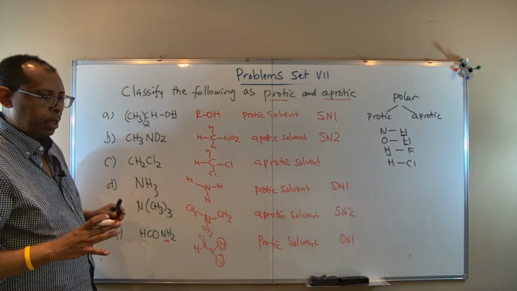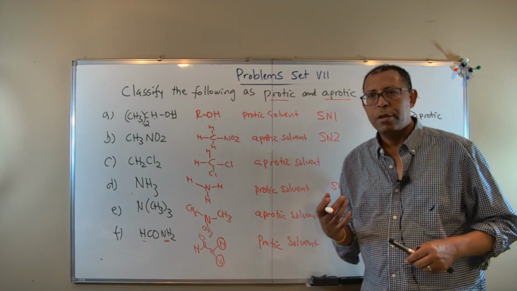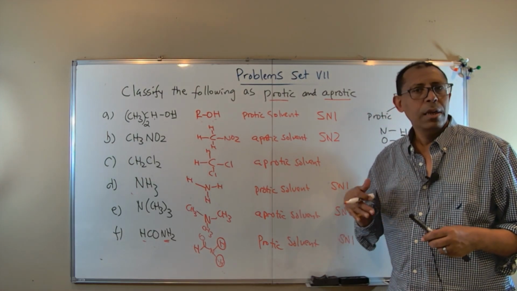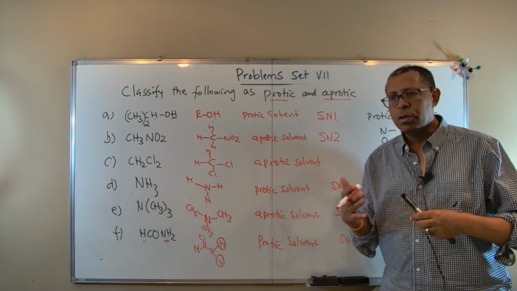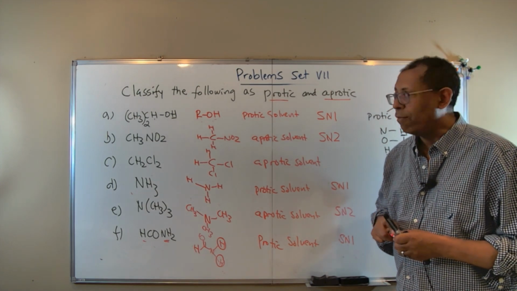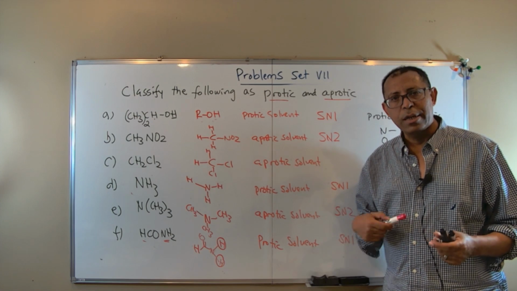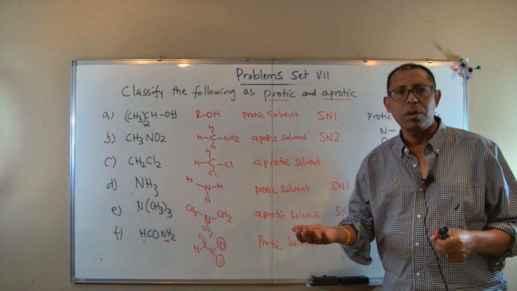As a summary, it's very easy to identify protic and aprotic solvents. Protic ones are easy to pick because you just need to find a hydrogen on an electronegative atom. Once you identify what kind of solvent that is, you can also identify what mechanism can be used.